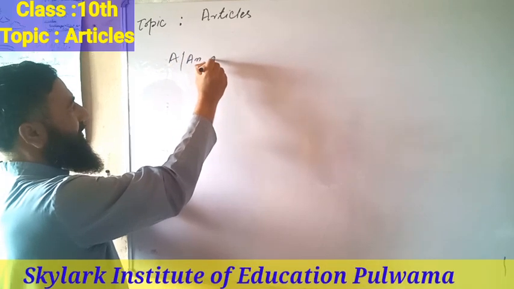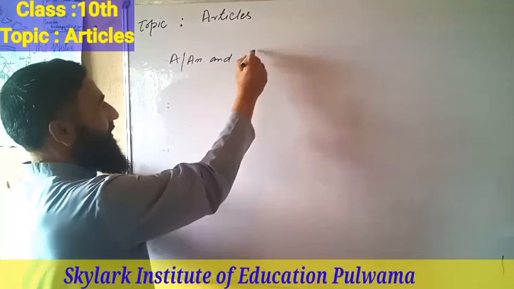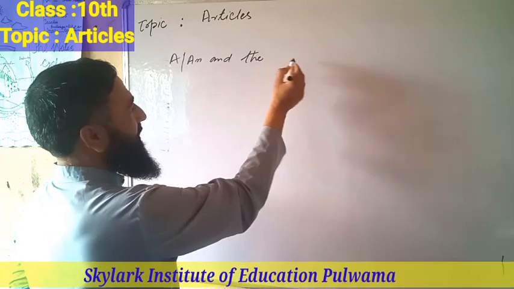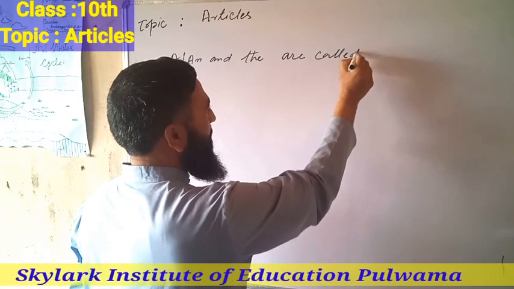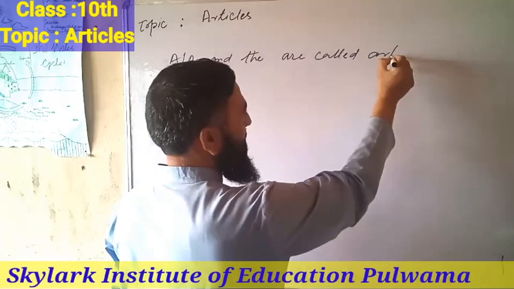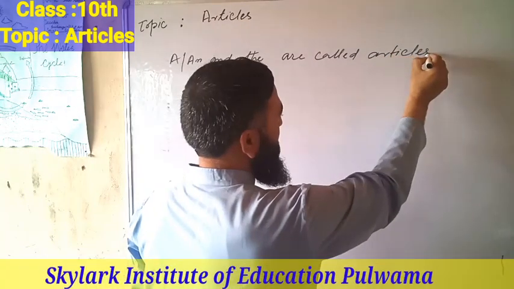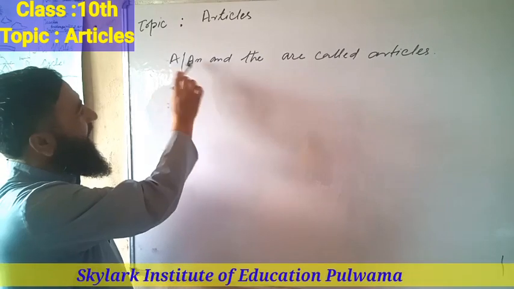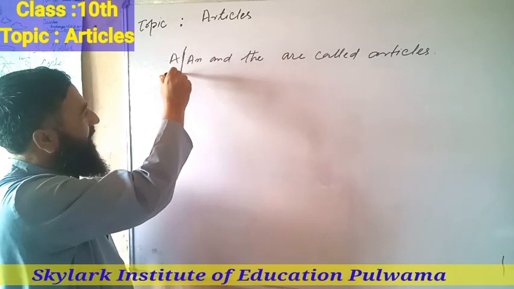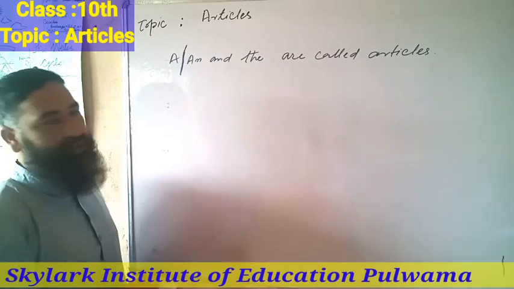A, an, and the are called articles. These small words, a and an, I have made oblique here.